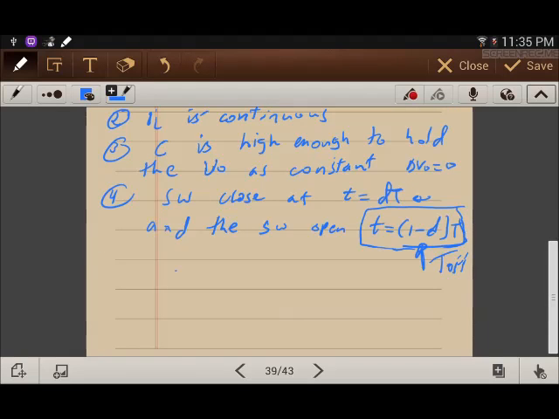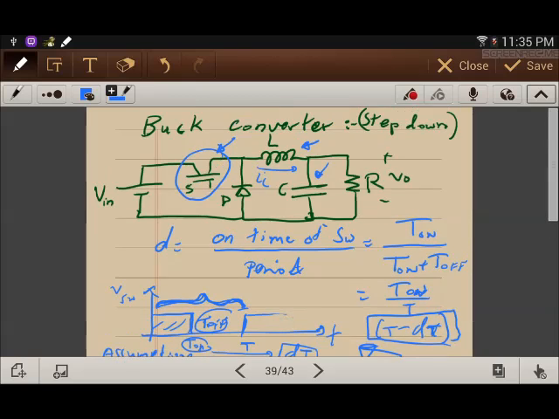So now the last assumption is that we have ideal components in the circuit, meaning that the losses in the capacitor, the losses in the inductor, and the losses in the switch due to the switching of the switch are all equal to 0.